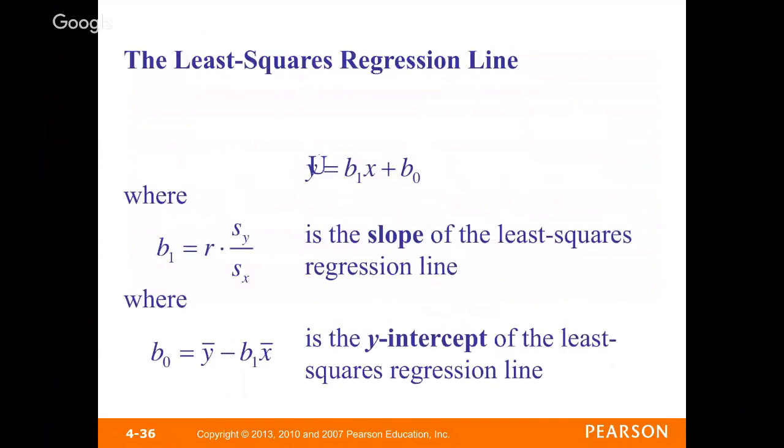Here's the equation. We have a little awkward hat there, but basically y = b1x + b0. Don't worry too much about these things for each side. For our terminology, if you see a b1, that's referring to the slope, and b0 is referring to the y-intercept. So in algebra terms, b1 is the same thing as m, and b0 would be the same thing as b.